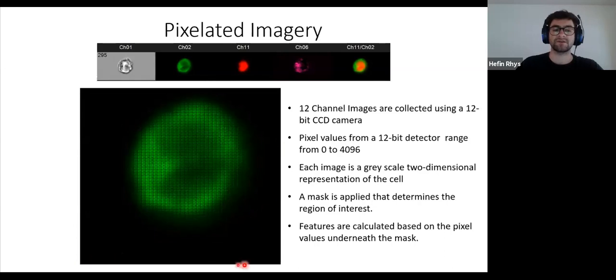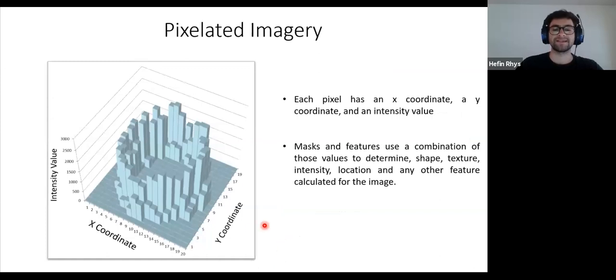It has its X coordinate, it has its Y coordinate, and it has its intensity value, its brightness, which you could think of as a Z coordinate. And so when we're analyzing our data, we use this combination of the X and Y, which gives us the spatial information, and the Z value, which gives us the intensity value.